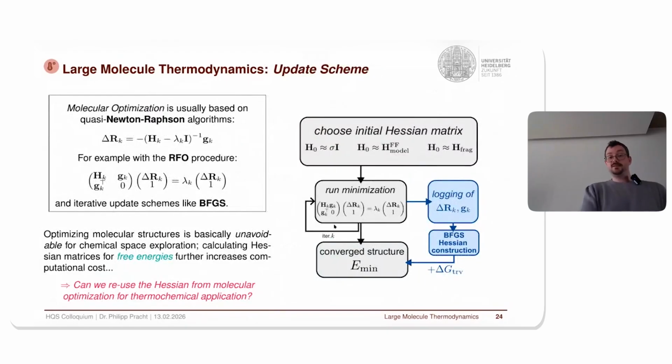You're running your optimization with different iteration steps, and at the same time, this is the blue part, are logging the delta R, so the coordinate steps and the gradients, which you can then plug in this recursive formula that's used in the geometry optimization as well to construct a Hessian that you then use for free energies or the vibrational partition function.